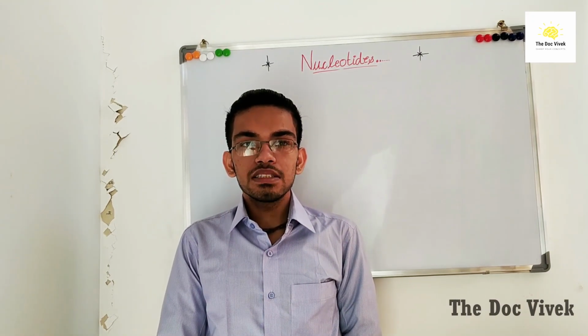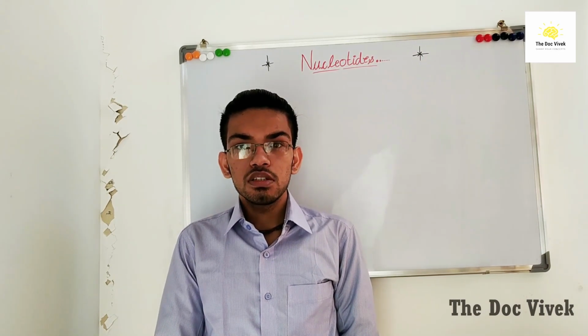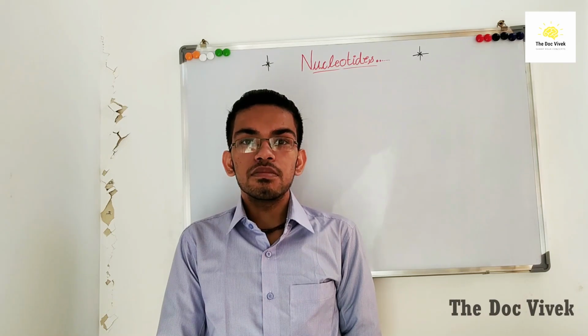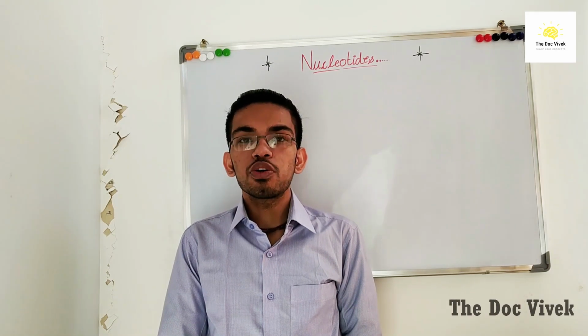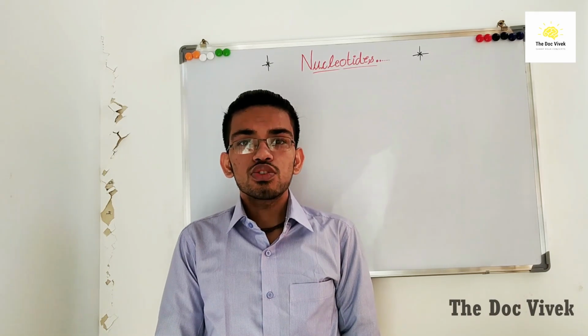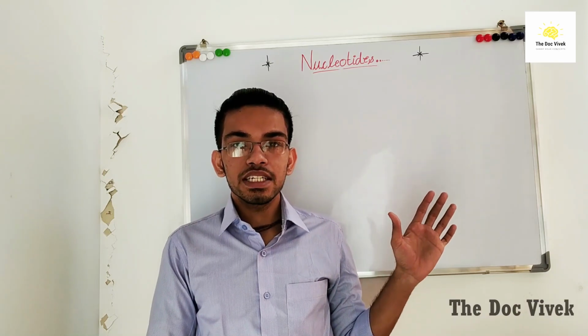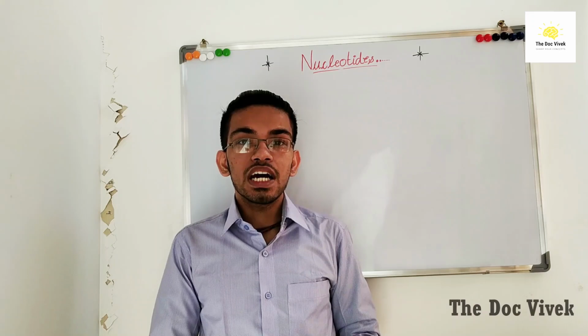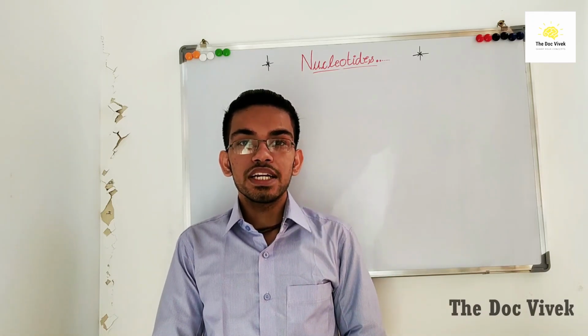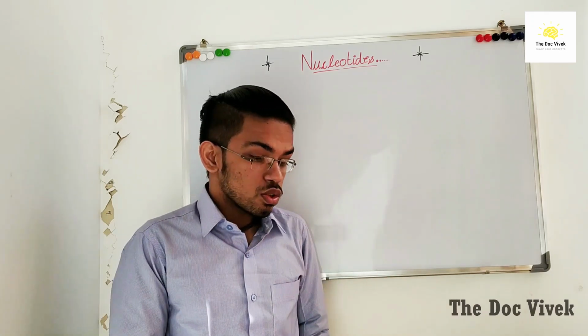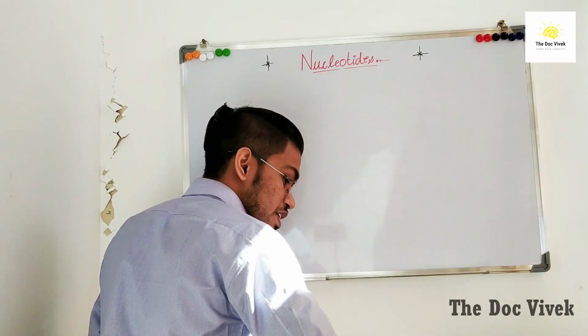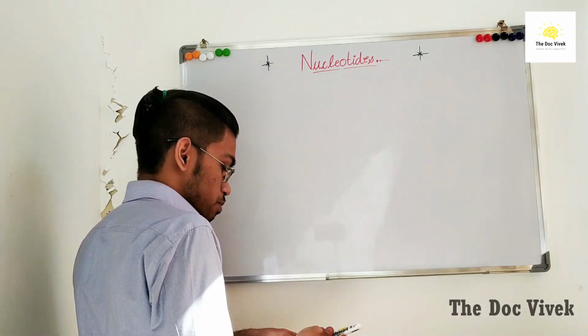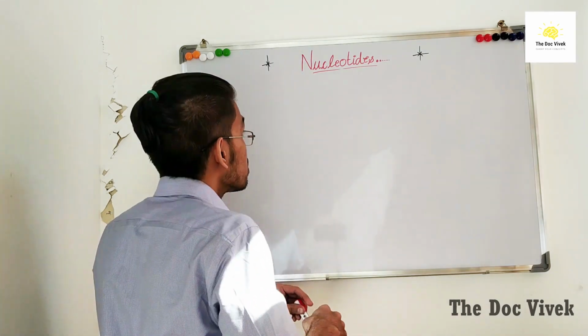So now we have completed all about nucleotides and their basic structures, and there are some purine and pyrimidine and nucleotide analogs which are clinically used in treatment of many diseases. So firstly we are going to look at these nucleotide analogs, which are very important in clinical medicine to treat many diseases.